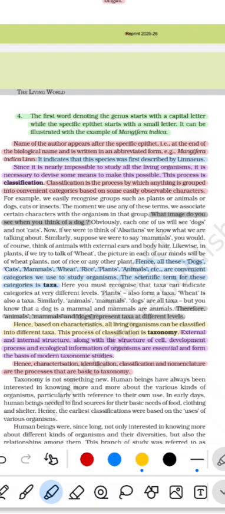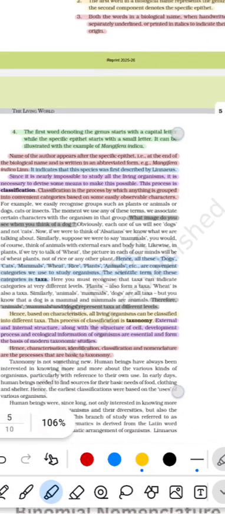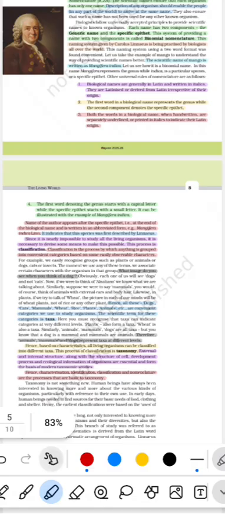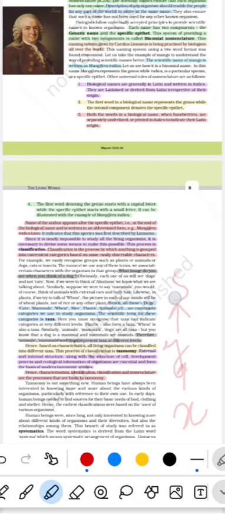Hence, based on characteristics, all living organisms can be classified into different taxa. This process is called taxonomy. So the basic definition of taxonomy is taking an animal, suppose I have taken X, determining its genus first, then species, then back to family, and so on.